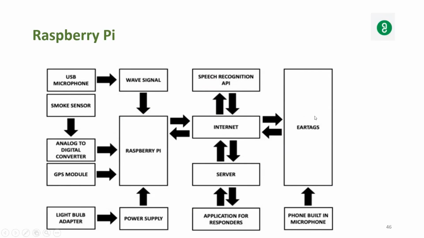Either you can pass data to the outside world, or you can take data. It is bidirectional. That is, you can connect it to the internet. You can connect it with a speech recognition API, and also with a server through the internet.